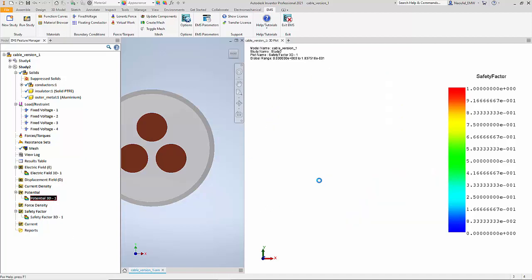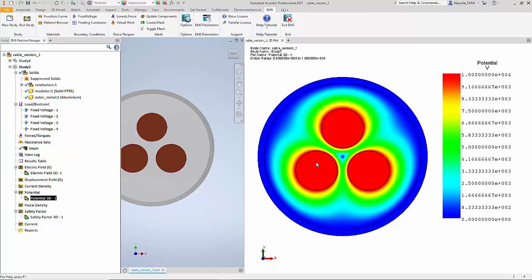Last, we can take a look at the potential distribution in volts, and here you can see the distribution of the potential. The maximum potential is 10,000 volt RMS, and we also see a 0 volt ground potential applied to the outer conductor, and the distribution of the potential is very symmetric about the three conductors, as expected.